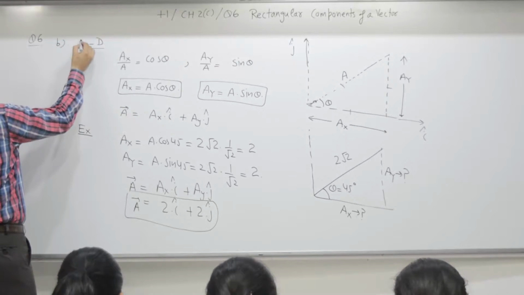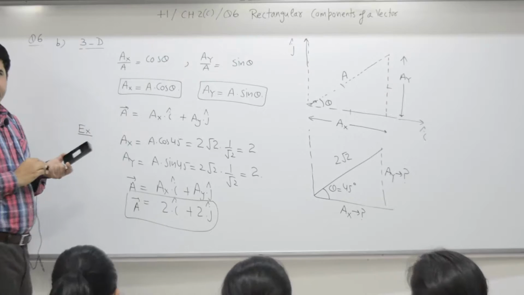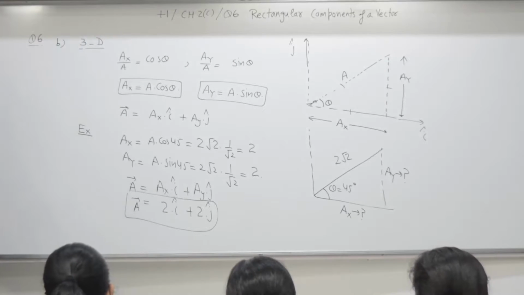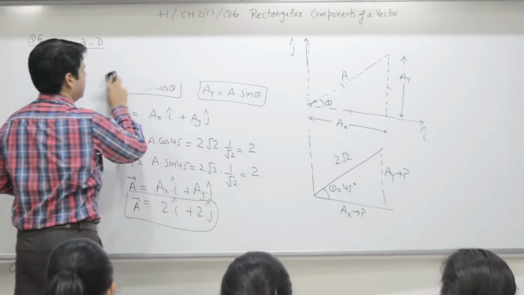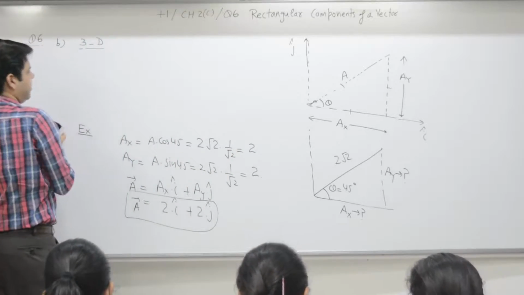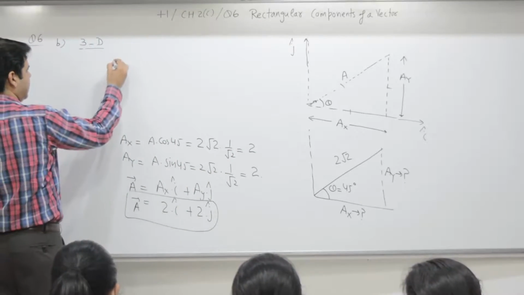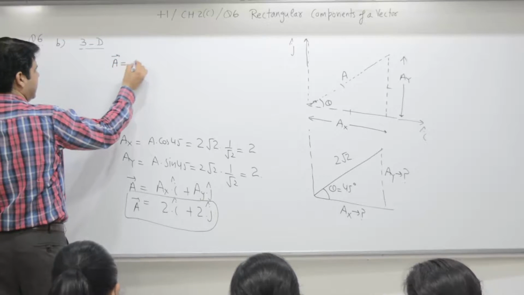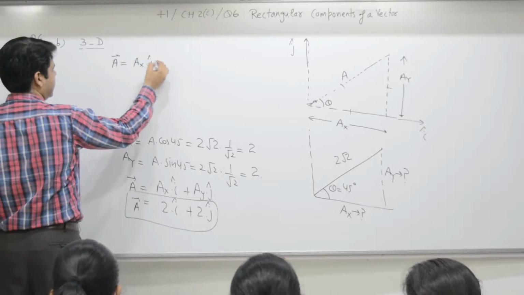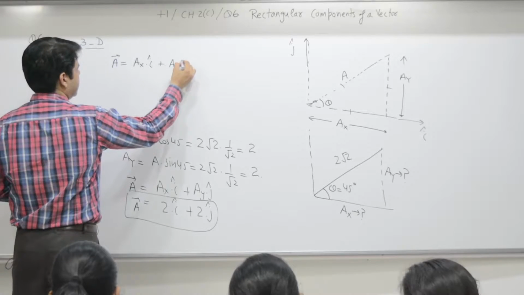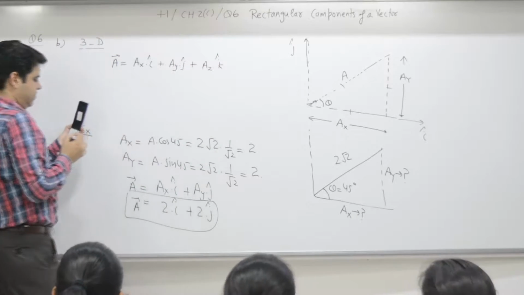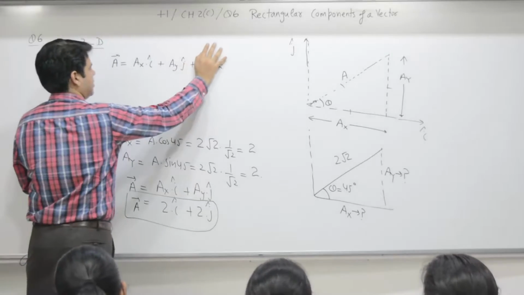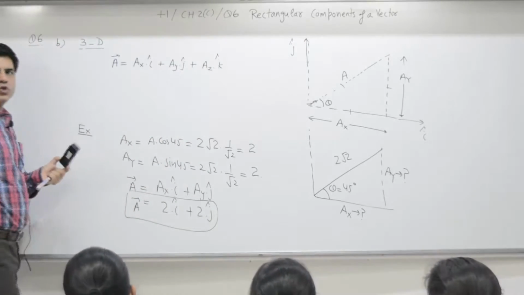For 3D, complete? For 3D, 3 dimension, if you write a vector A as Axi plus Ayj plus Azk, most of the time you deal with the 2 dimensions, not this one, but you have questions.